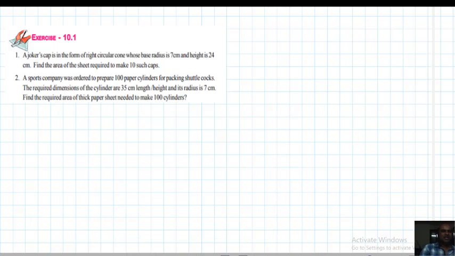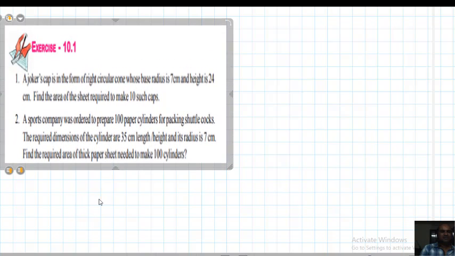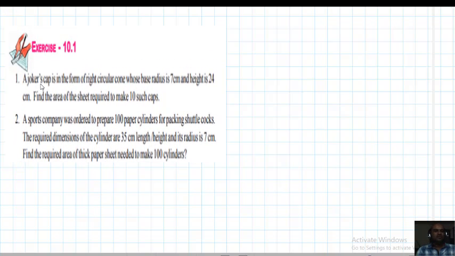Okay. Next, 10.1. Next one is 10.1. So that is the first problem. A joker's cap is in the form of a right circular cone whose base radius is 7 centimeters and height is 24 centimeters. Find the area of the sheet required to make 10 such caps.